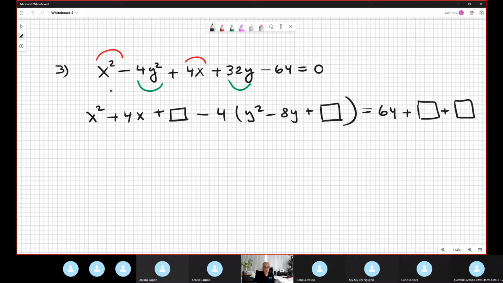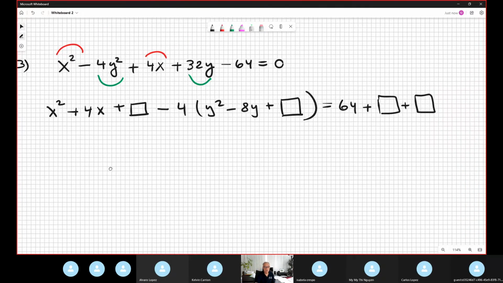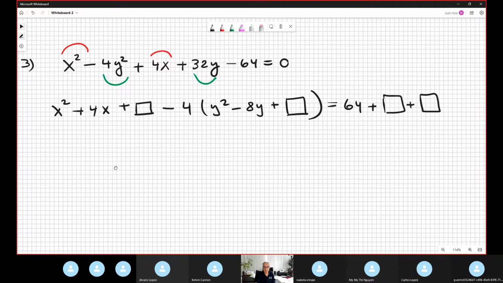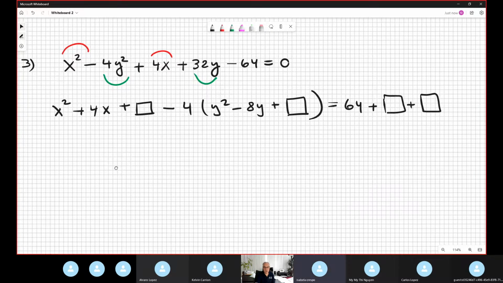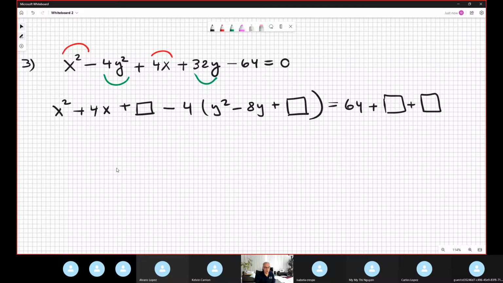Do you understand very well this organization or no? Therefore, let me try to find the magic number. You take that 4 divided by 2 and a square. 4 divided by 2 is 2. 2 squared is 4. And that 4 I put here.